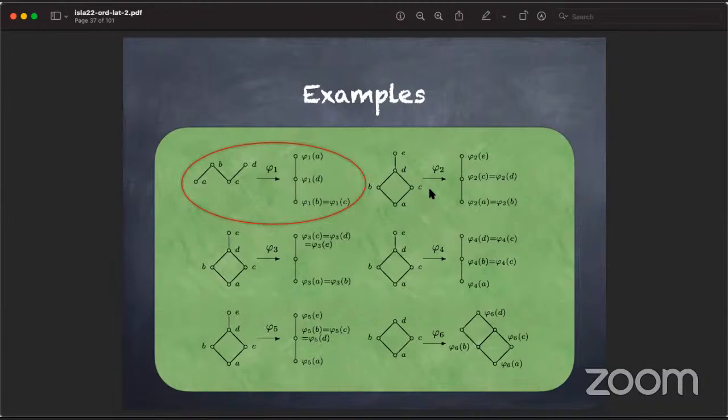Because the join of B and C will give you D, but the join of phi of B and phi of C, what are you getting? Isn't it phi of D? I was talking about phi 4. Sorry, phi 4, yes, that I agree, so that is not a lattice homomorphism. Phi 3 is actually, you can check, a lattice homomorphism. What about phi 5?